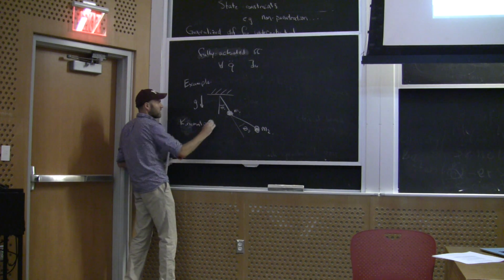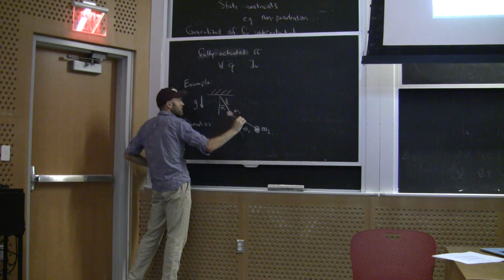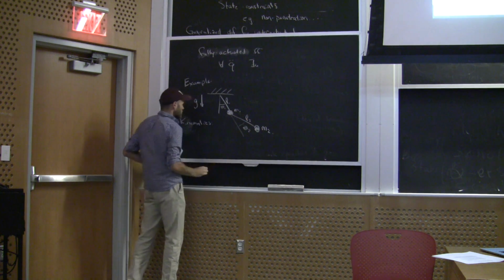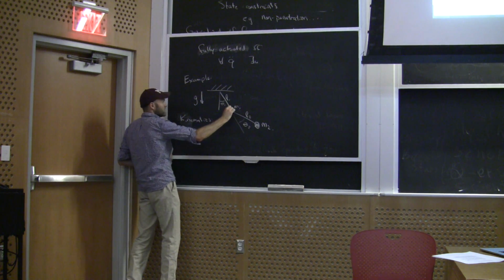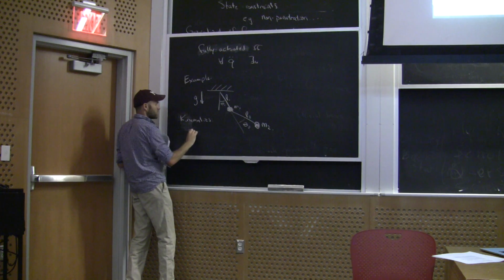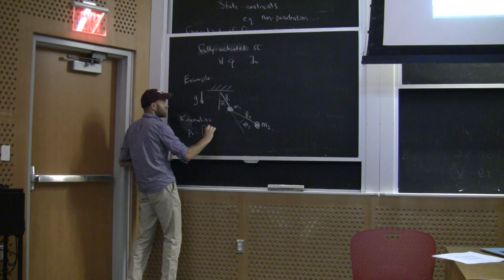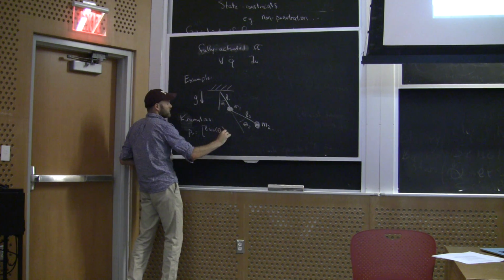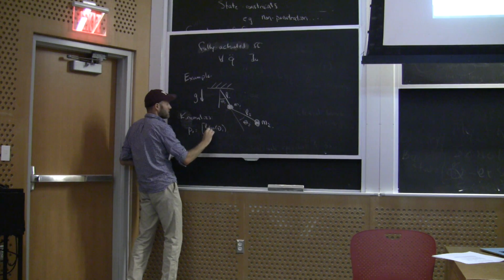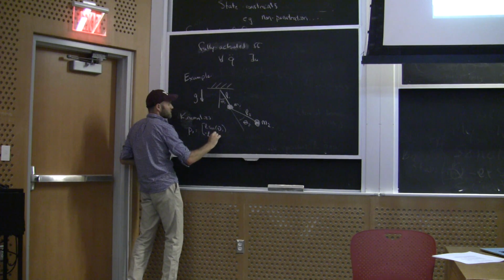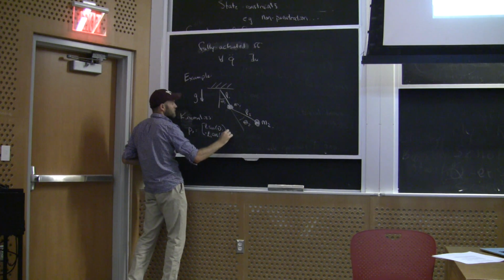If this has length L1, length L2, then the position in space of my first mass is just L1 sine theta 1, and then negative L1 cos theta 1.